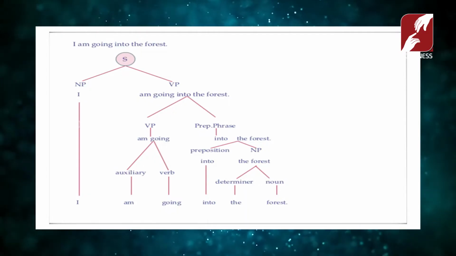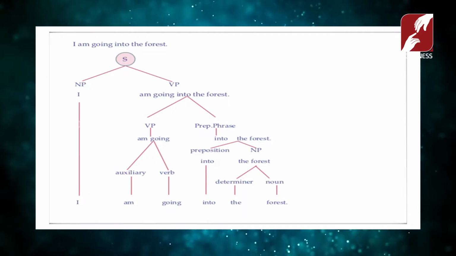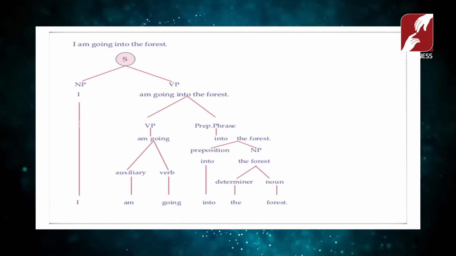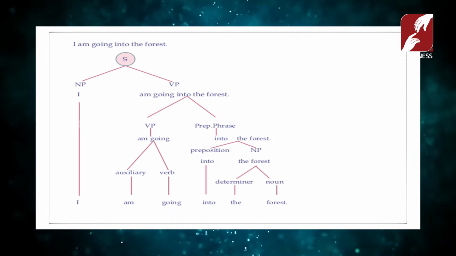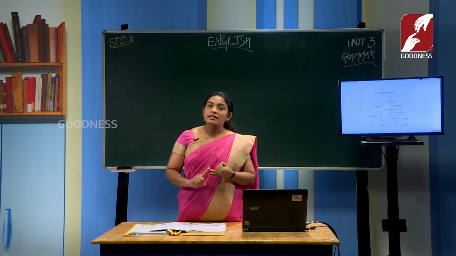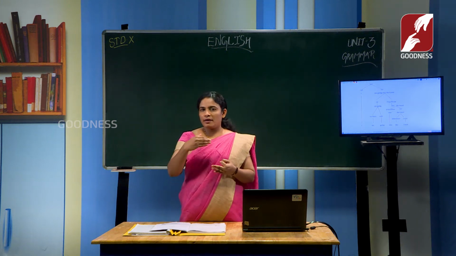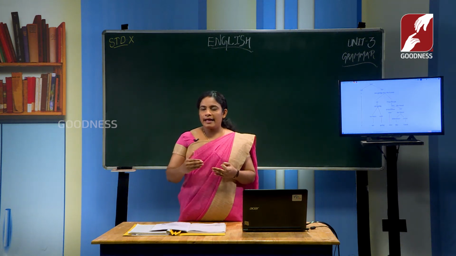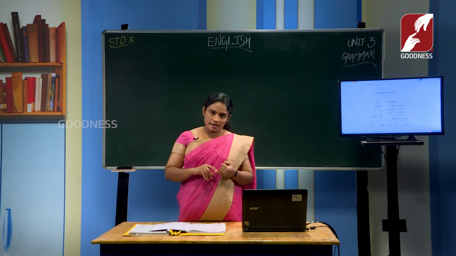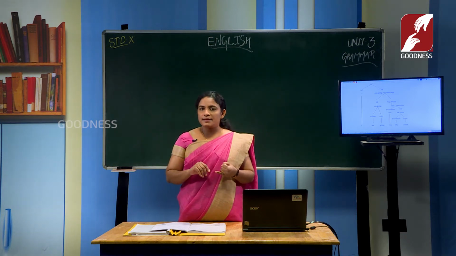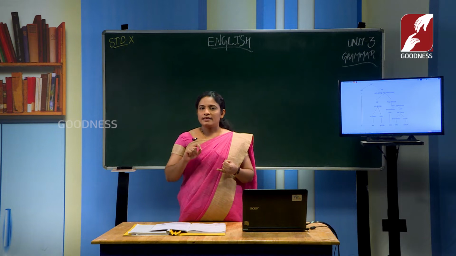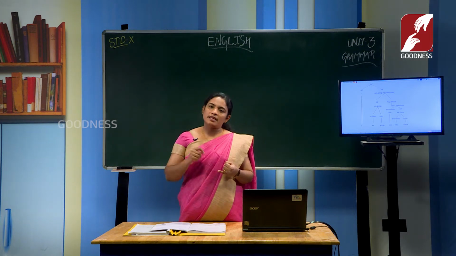Here, the is the determiner. What do you mean by a determiner? There will be articles, demonstratives, and possessives. Which are the articles? A and the are the articles. This, these, those, that are the demonstratives.